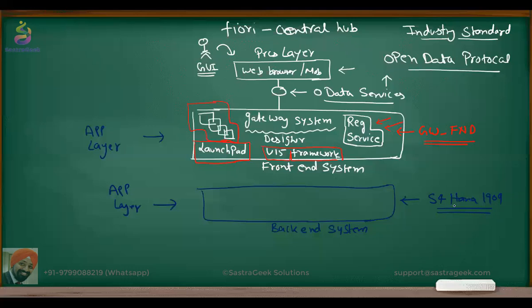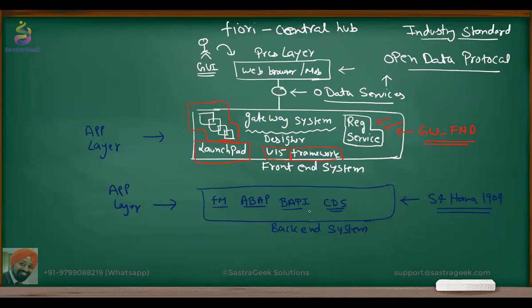So what would this be having? All of your functional modules, your ABAP logic, your BAPIs, your CDS views, all of your business logic in ABAP form is sitting here in your backend system.